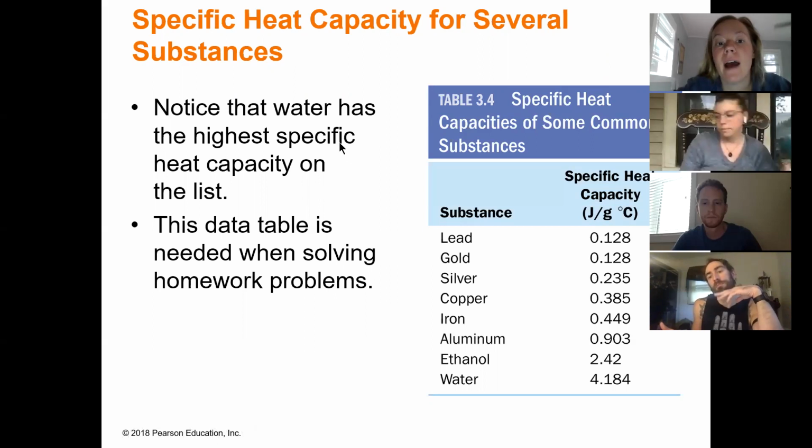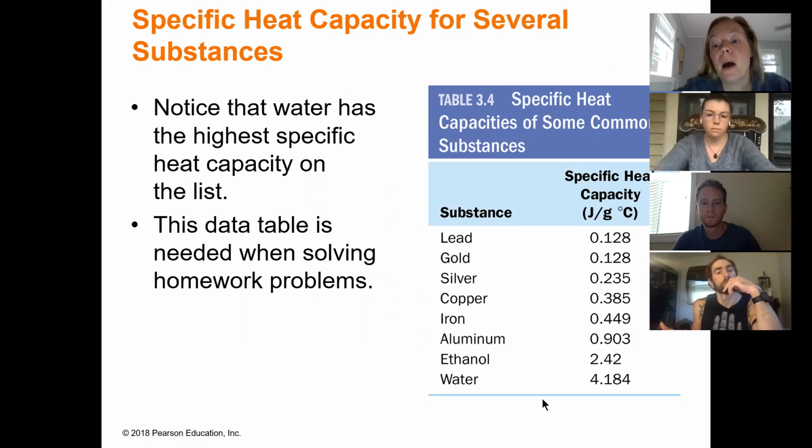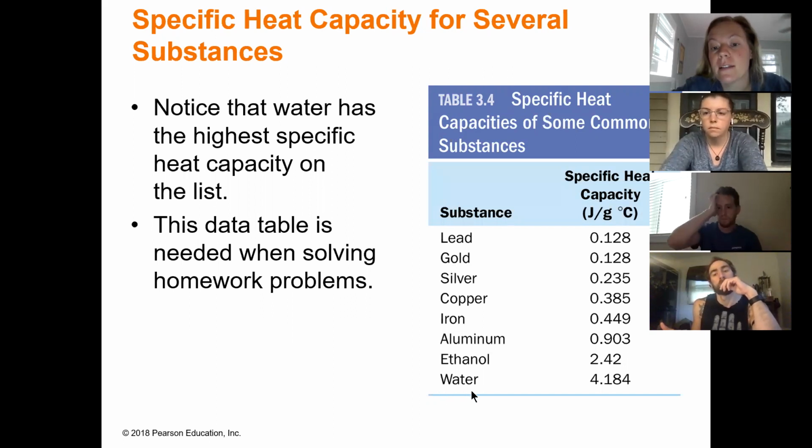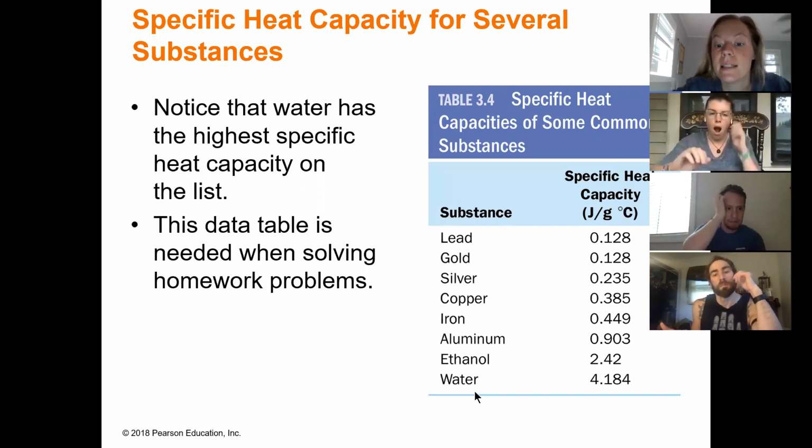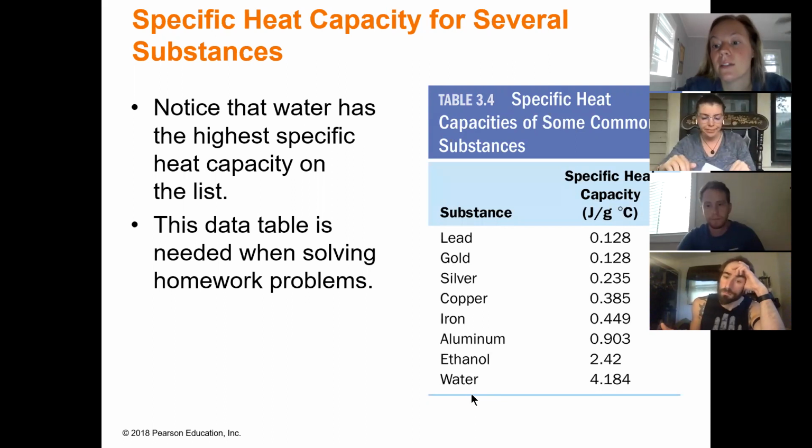Now metals do have higher boiling points and melting points, but if I had 1 gram of gold and 1 gram of water, both at 25 degrees Celsius, and I wanted to raise both to 26 degrees Celsius, it takes more energy to raise the water that 1 degree.